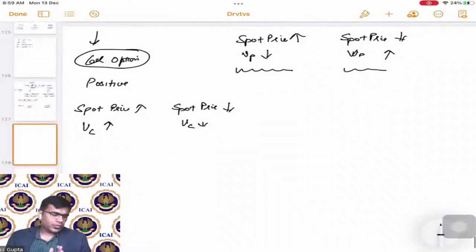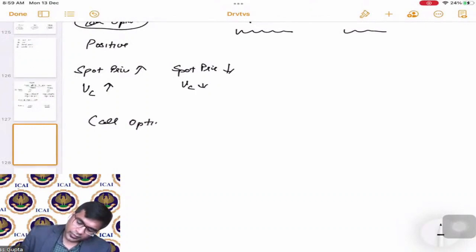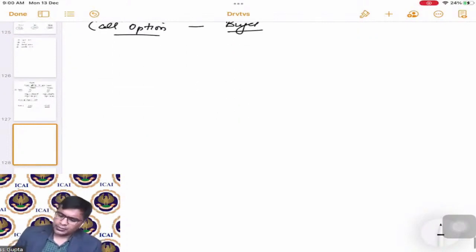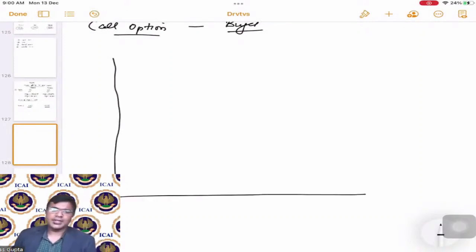Now students, while we were studying the call option from the point of view of the buyer of the call option, we studied one payoff diagram in the previous session.